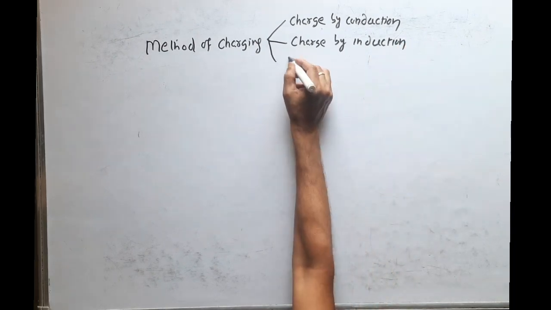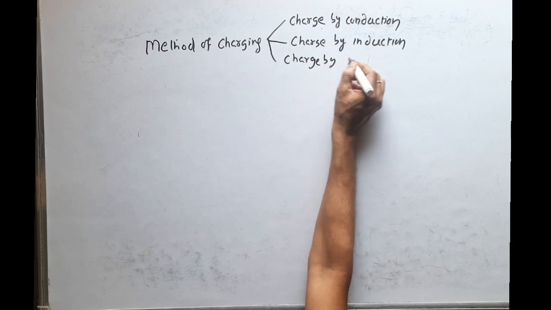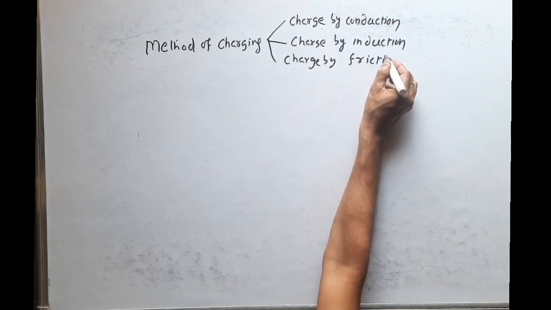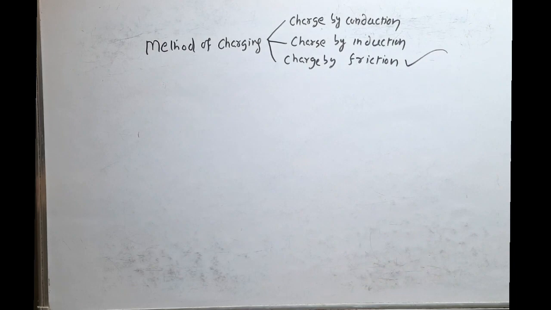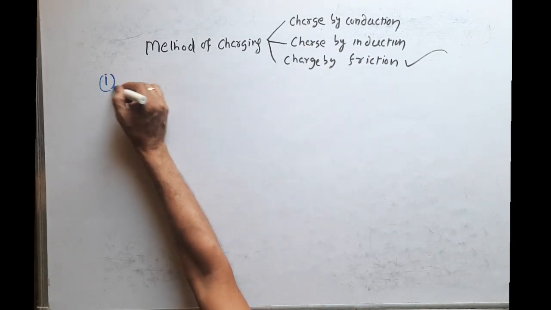Third is charging by friction. We have already discussed charging by friction. So now we will start discussing how you will charge a body by the conduction process.